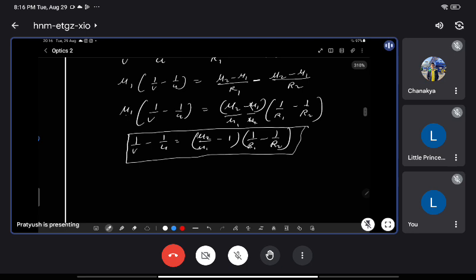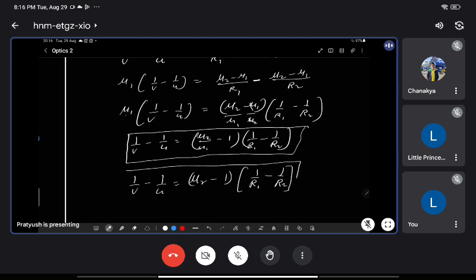This mu2 upon mu1 we can write as the relative refractive index mu r. Mu r minus 1 into 1 upon R1 minus 1 upon R2. Okay, this is our final formula, where mu r is mu2 by mu1.